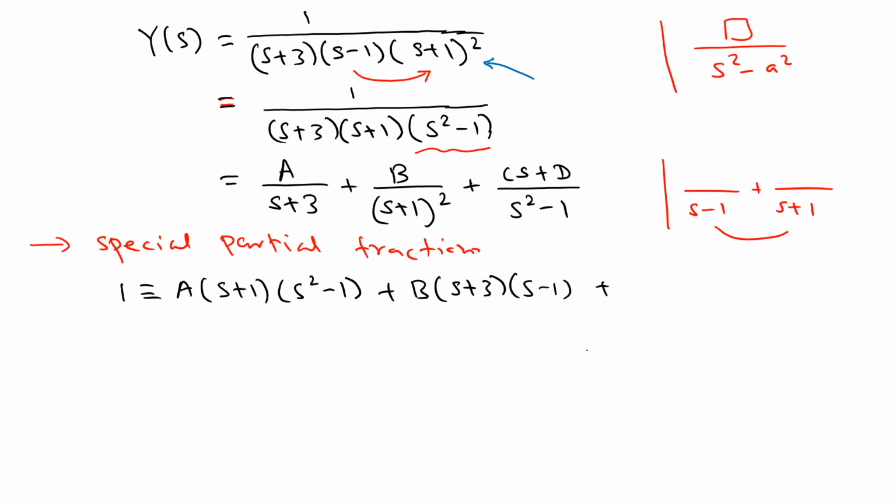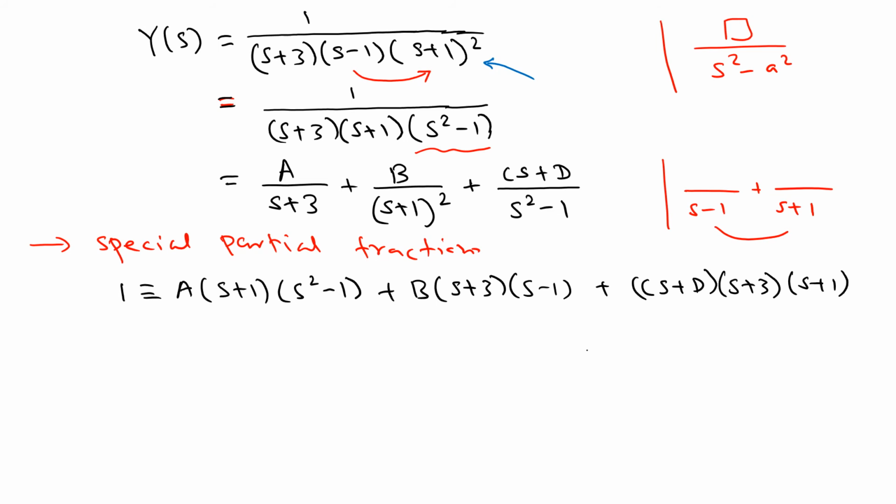And for the last one, cs plus d, s squared minus 1 is there, so we have s plus 3 and s plus 1.